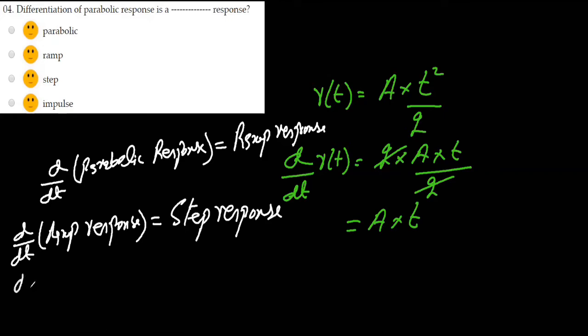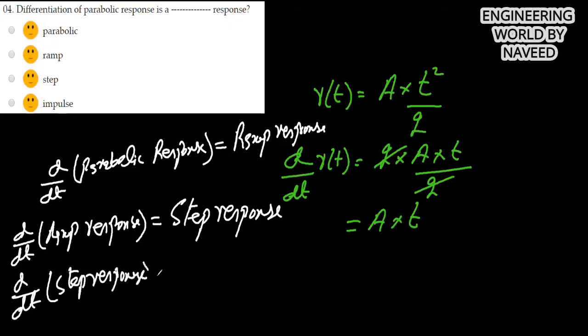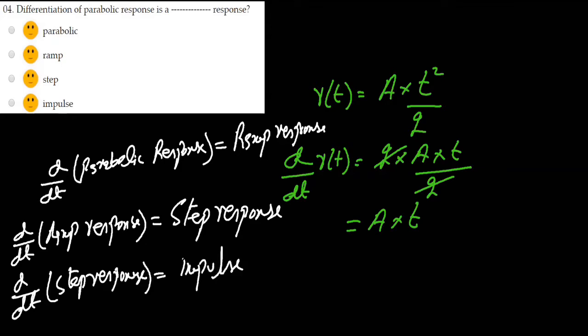And differentiation of step response gives us impulse response. Okay, so differentiation of parabolic response is a ramp response. So the correct option is option B.